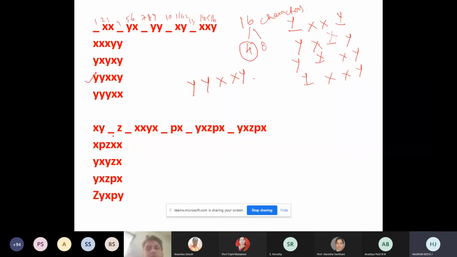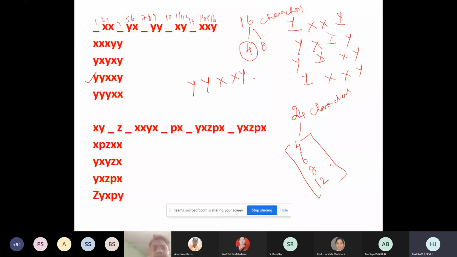Just count the number of characters in the given sequence: 3, 5, 8, 9, 10, 13, 16, 18, 19, 20, 24. So the total is 24 characters. So what are the possibilities? 4, 6, 8, 12. These are the possible patterns here.